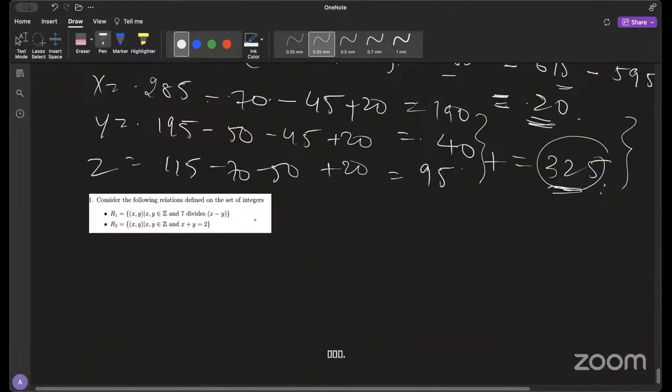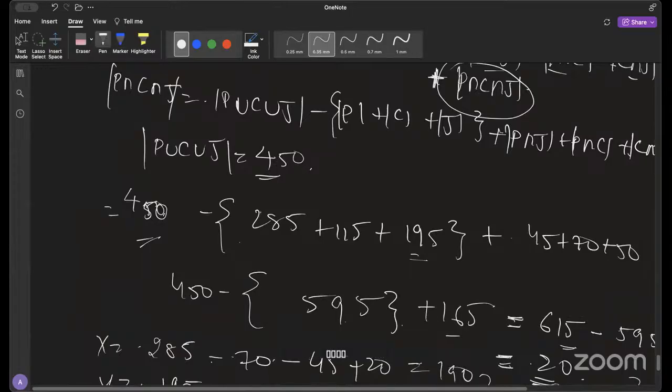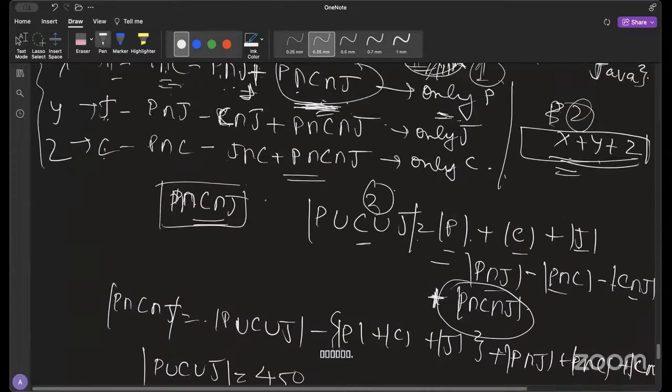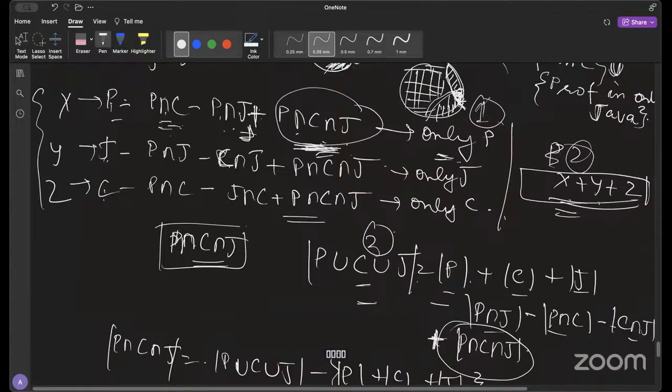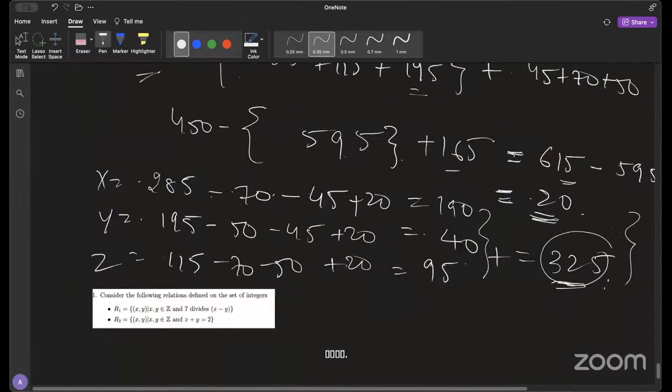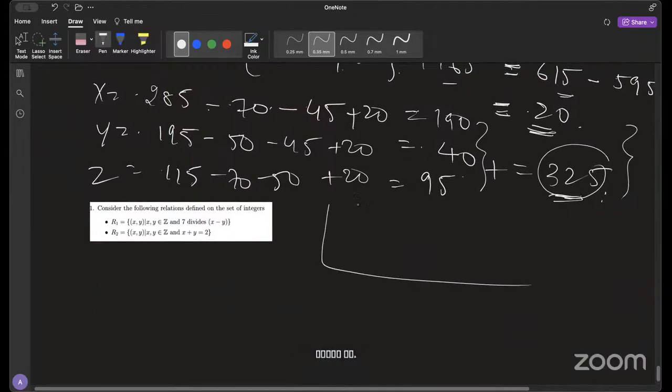Okay, so coming to the last, the third part. This is just the formula for intersection. We discussed it in the last class, where for 2 it is the cardinality of P plus cardinality of C minus P intersection C. This is it.